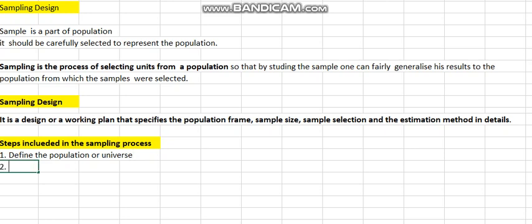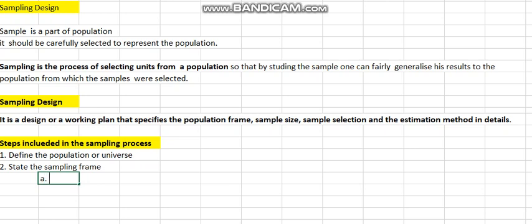Then after that we have to state the sampling frame. What is the sampling frame? Here we can say the population can be divided into two. To state the sampling frame, we need to understand that there are two types of population.